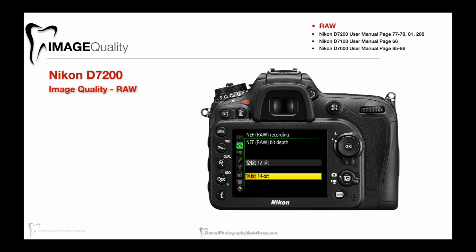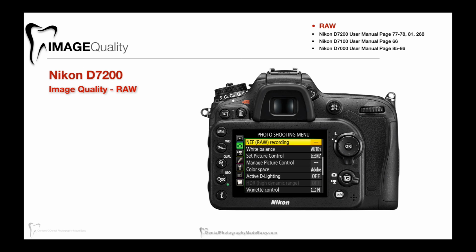So we want the biggest, most robust file we can have with the most information in it that we can use for whatever purpose we want, whether it's a big photograph to hang on your walls in your office or something that we want to use in a presentation. We want as much information to start with as we can get, and 14-bit will get that for us. So we select that, and then our setup is done.